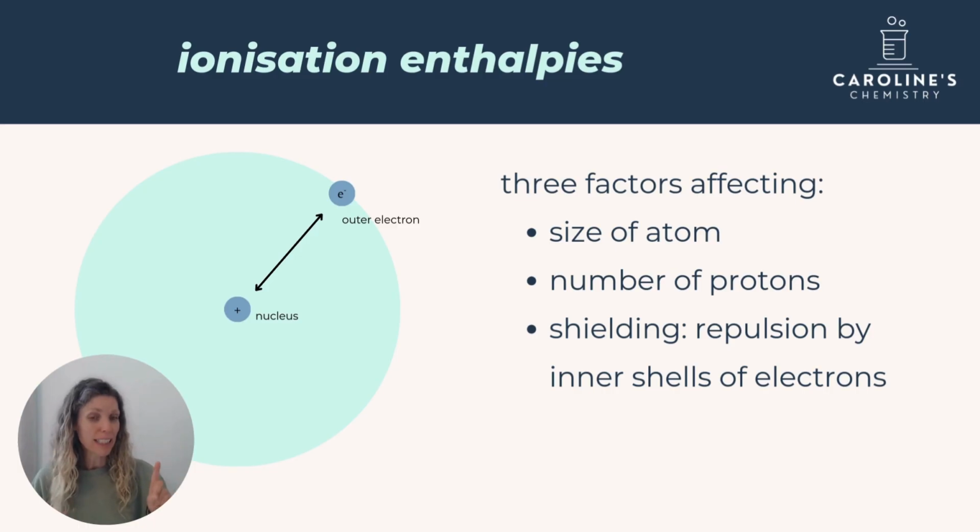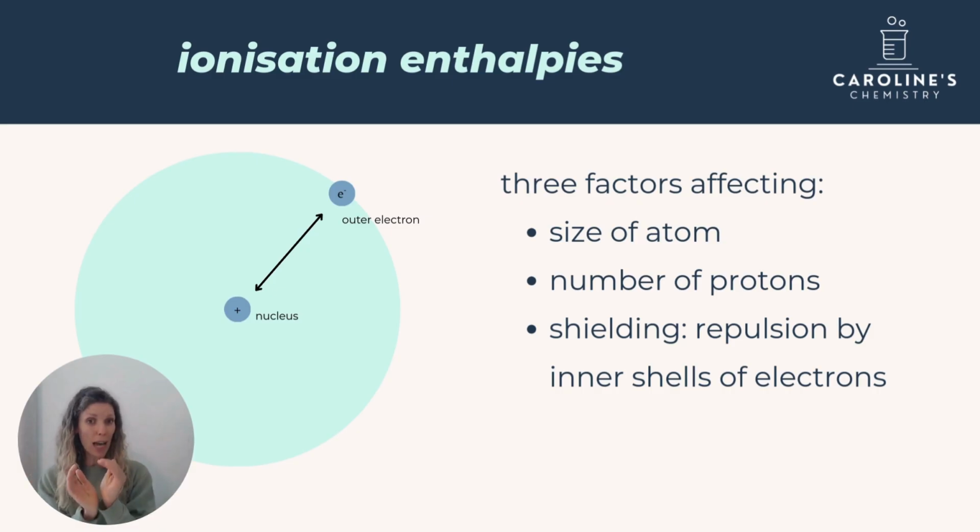The first one is size of the atom, meaning the bigger the atom, the further away the nucleus with the positive charge from the protons is from the outer electron that is being removed. Therefore, there is a weaker attraction between that nucleus and outer shell electron, and therefore it requires less energy to remove it. So the ionisation enthalpy is smaller.